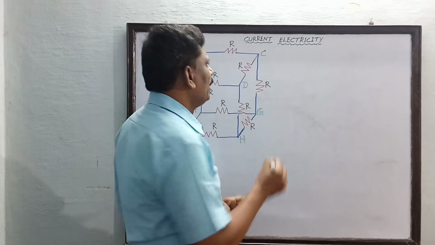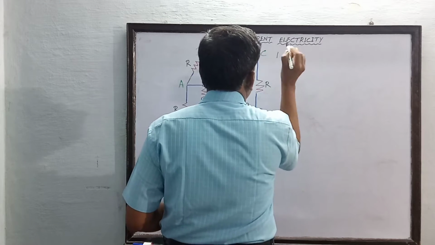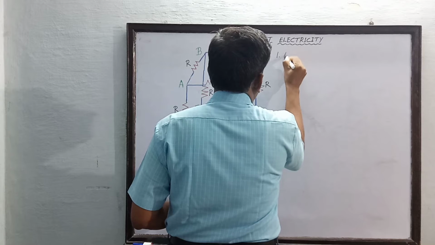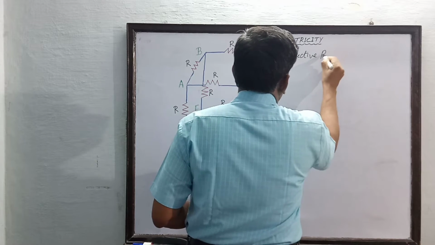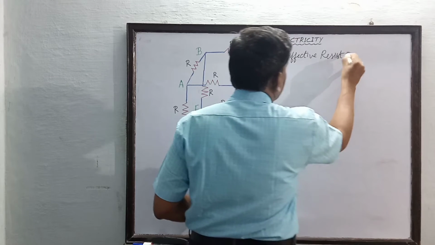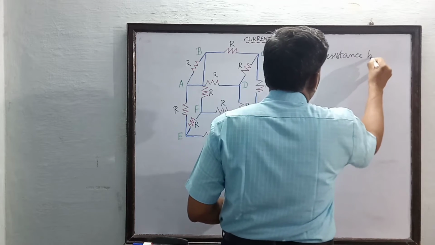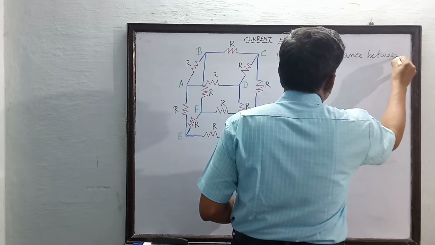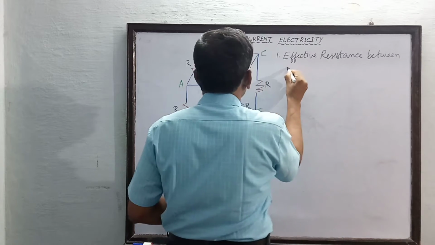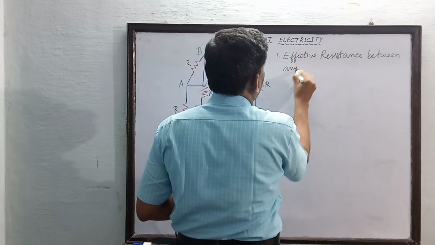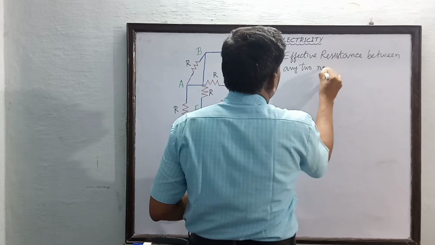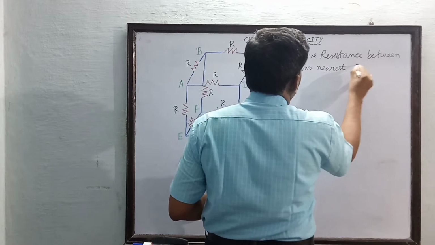Now, the first one is the effective resistance between any two nearest corners.